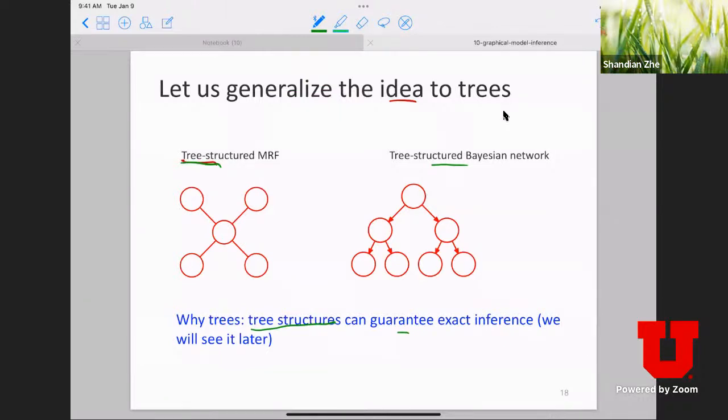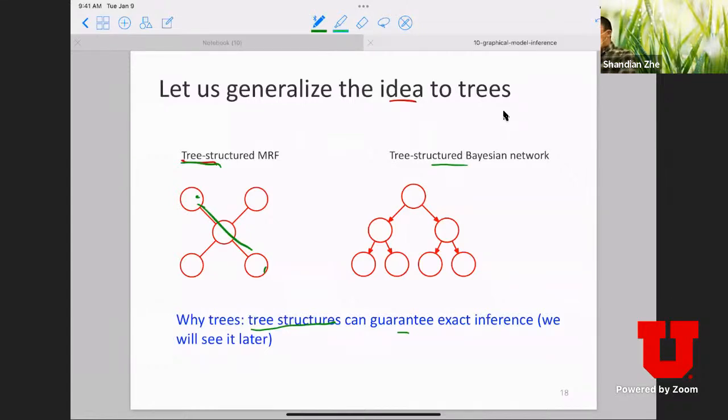A tree just means there are no cycles, and every pair of nodes in this graph is connected. It's not required that there be an explicit edge, but they must be connected, like this node and this node are connected through this path. And there are no cycles in this graph, and this is called a tree.